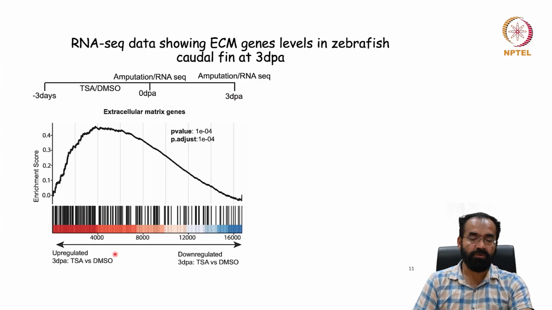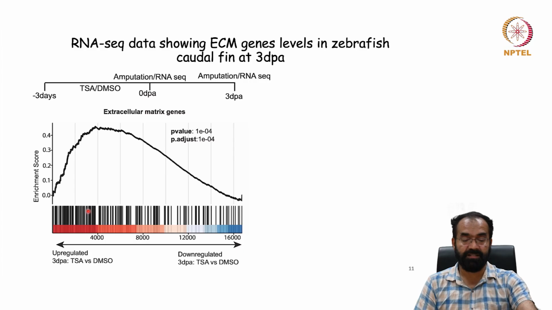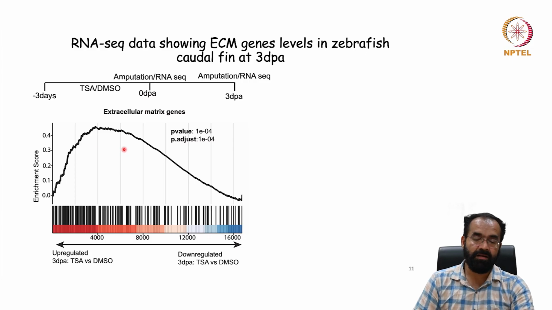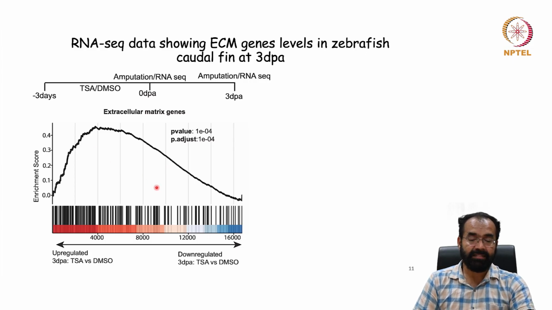So what we found is that there is an upregulation of collagen or the collagen family extracellular matrix genes because of the TSA treatment compared to the DMSO. TSA in general upregulates extracellular matrix genes, and the downregulated genes are fewer.